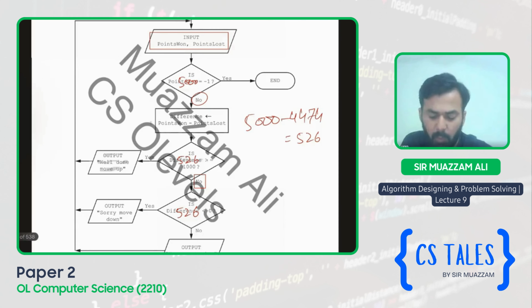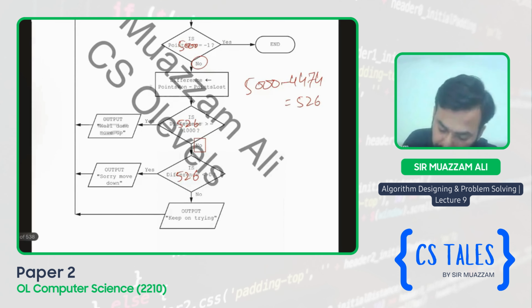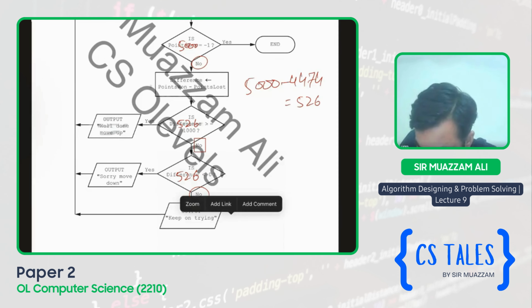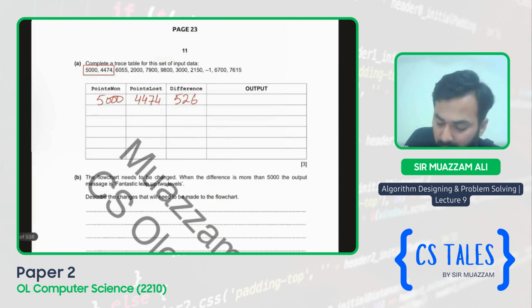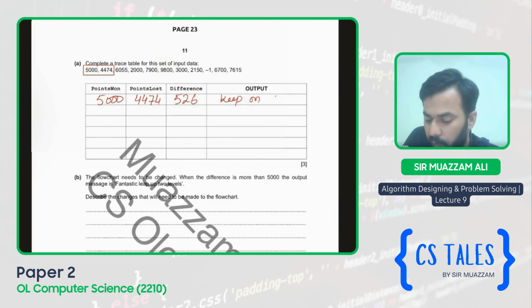Sorry, less than 0? No. So the output should be keep on trying. So we will write down our output, keep on trying.